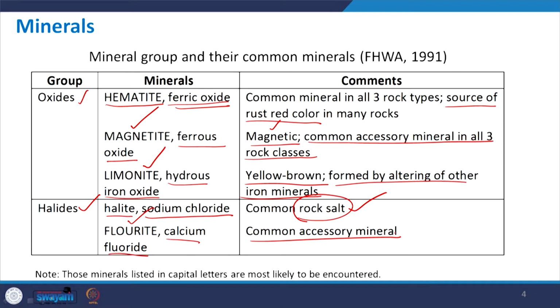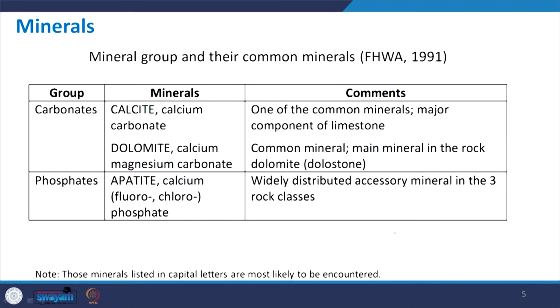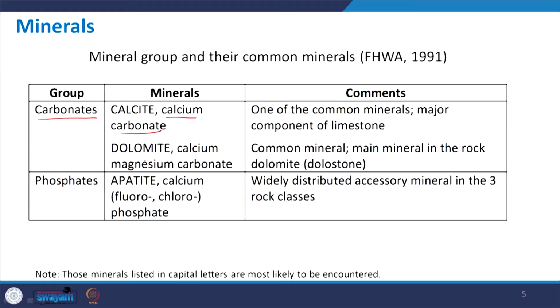Let us move to the next group, which is carbonates. It has calcite, calcium carbonate, as one of the common minerals, and in the case of limestone rock, this is the major mineral. Then the second one in this category is dolomite, which is calcium magnesium carbonate.